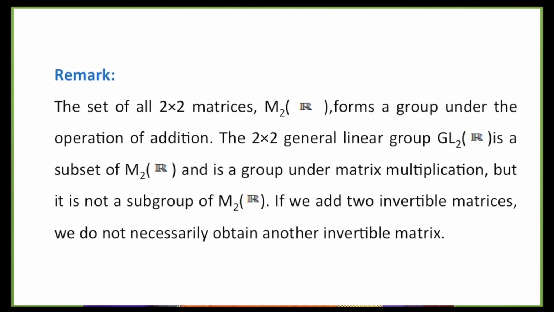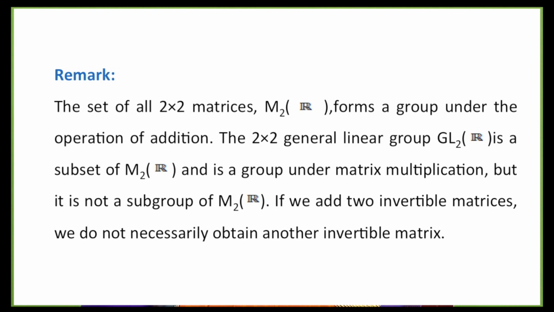Now let us see the remark. The set of all 2 by 2 matrices M2R forms a group under the operation of addition. The 2 by 2 general linear group GL2R is a subset of M2R and is a group under matrix multiplication, but it is not a subgroup of M2R.